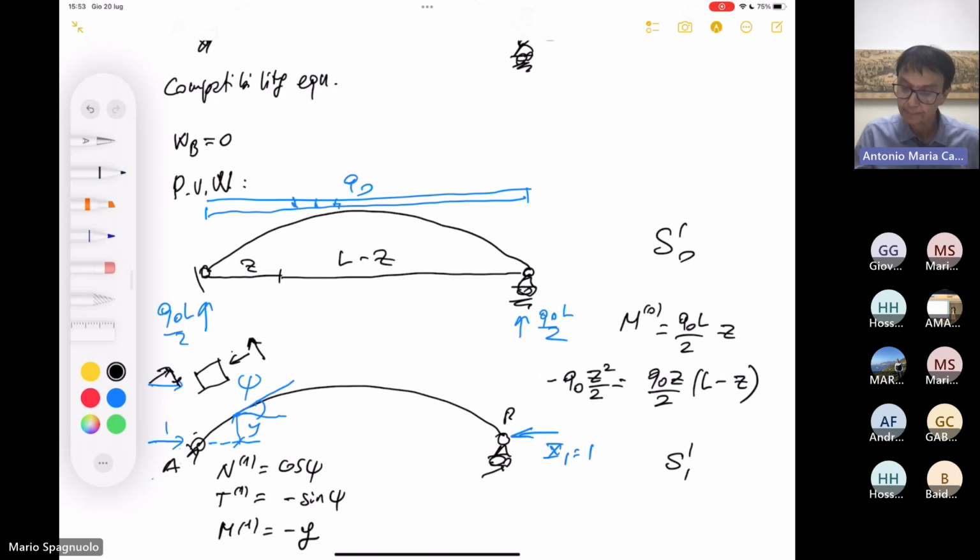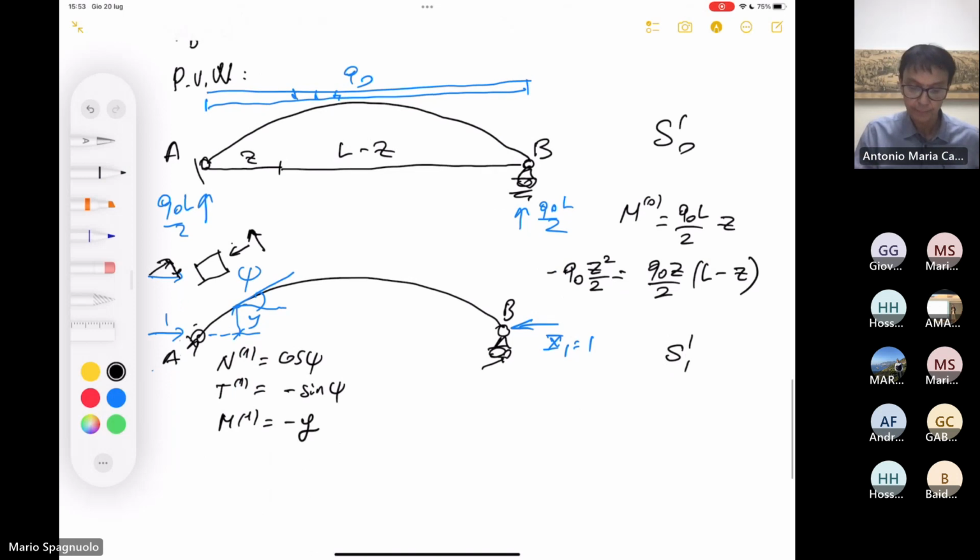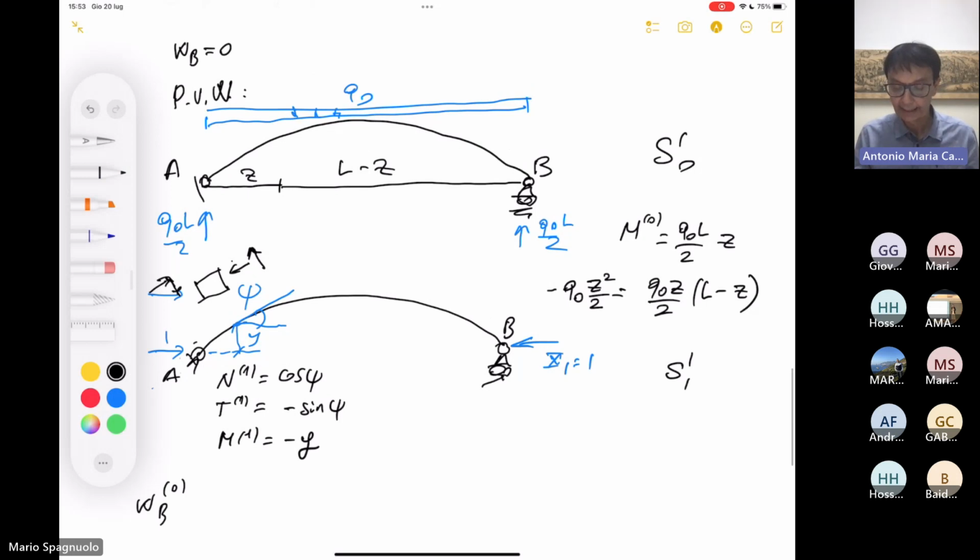If we want WB on the zero system, we apply the principle of virtual work by taking the stresses of the first scheme as the stress field, and for the virtual displacement, we take those of the zero scheme.